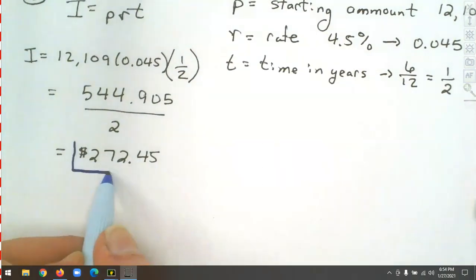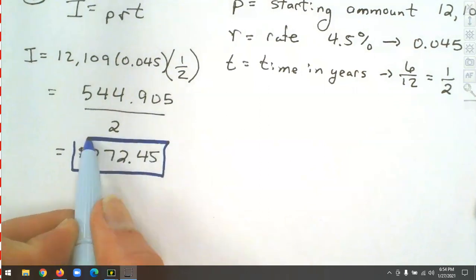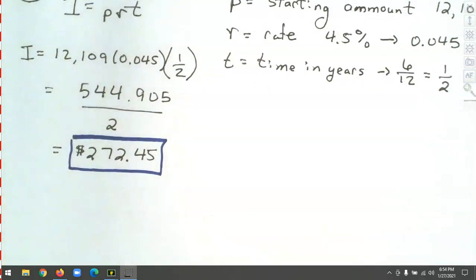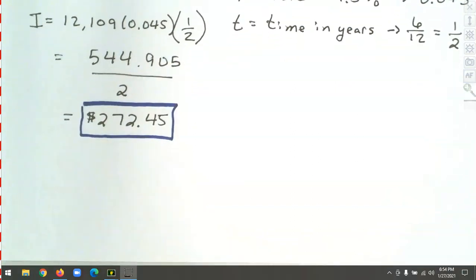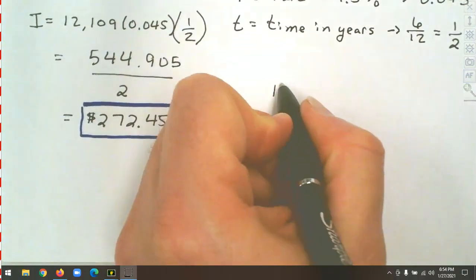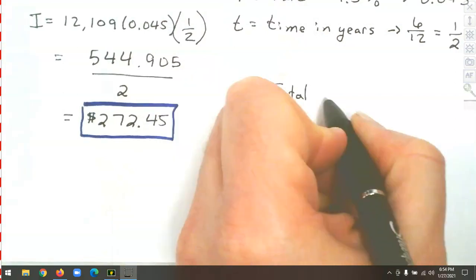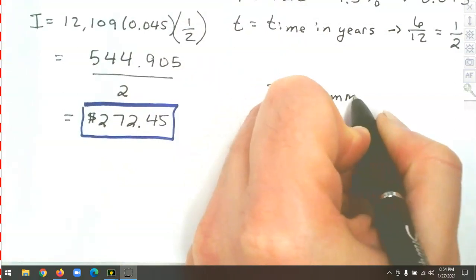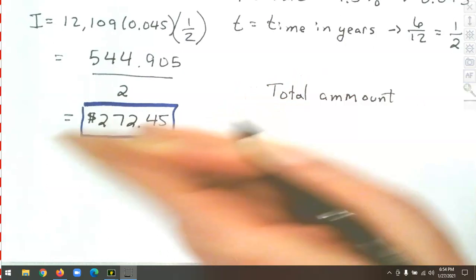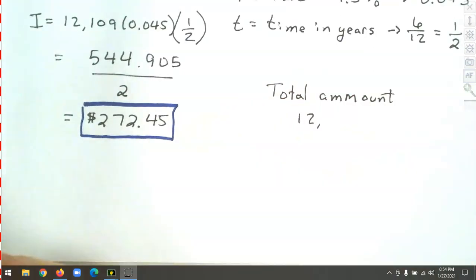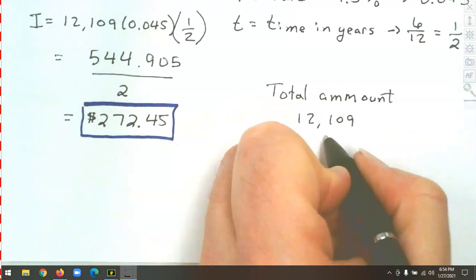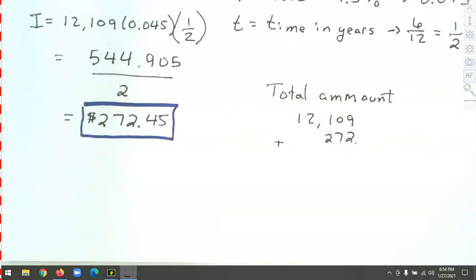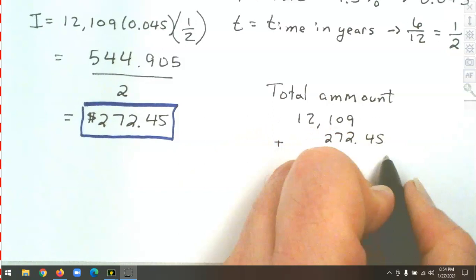Now we need to make sure that we answer the whole question. So that's our interest. How much is the total amount going to be? Well, the total amount is going to be 12,109 plus 272.45.